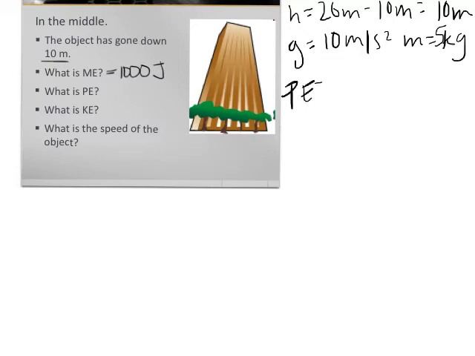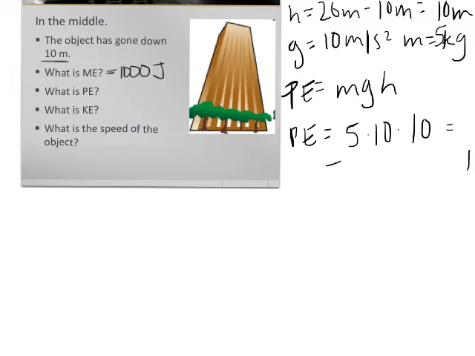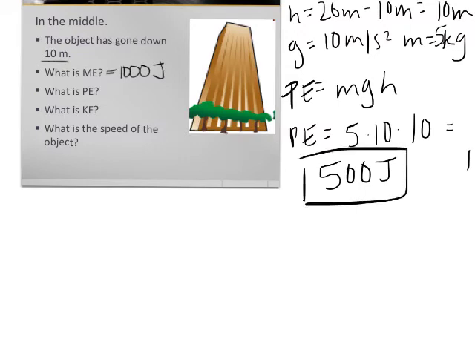So PE equals mgh, PE equals 5 times 10 times 10, which is 500 joules. So that is our PE.